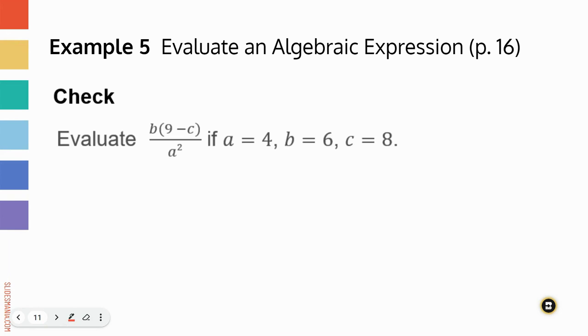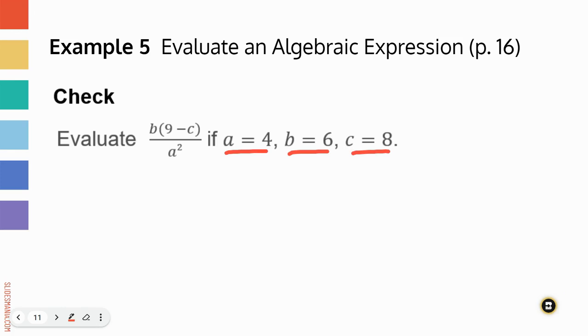Okay, we are going to do this check together. So this is still on page 16. Evaluate b times the quantity 9 minus c, all divided by a squared. So again, we're going to substitute 4 for a, 6 for b, and 8 for c.